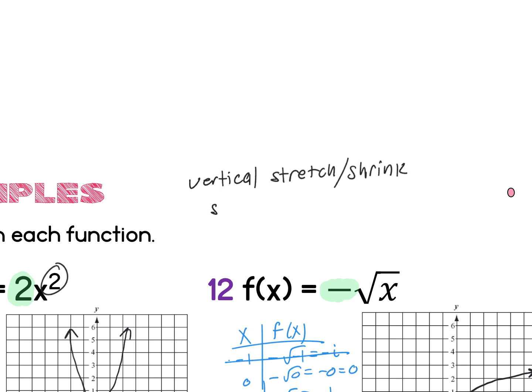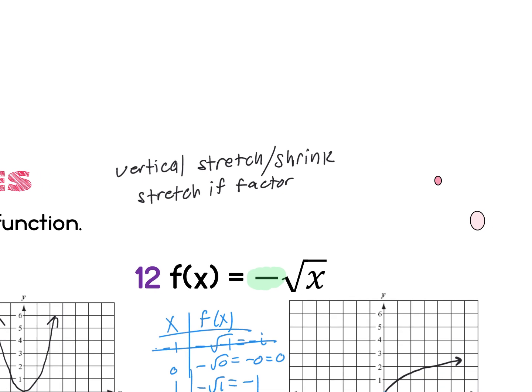Now for a stretch, it is a stretch if the factor on the outside of your parent function is greater than 1. It is a shrink if the factor on the outside is less than 1.